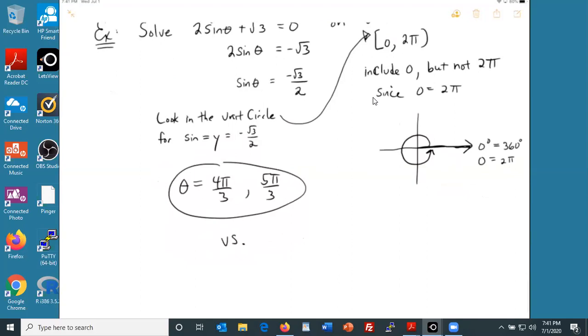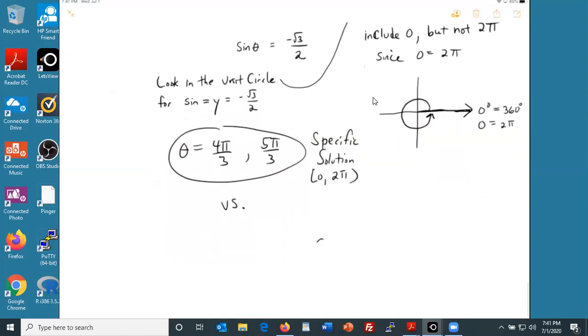So this is what we call a specific solution, because they're between 0 and 2 pi. The general solution, you would take those angles, 4 pi over 3, and you would add k times 2 pi, and 5 pi over 3, and add k times 2 pi.